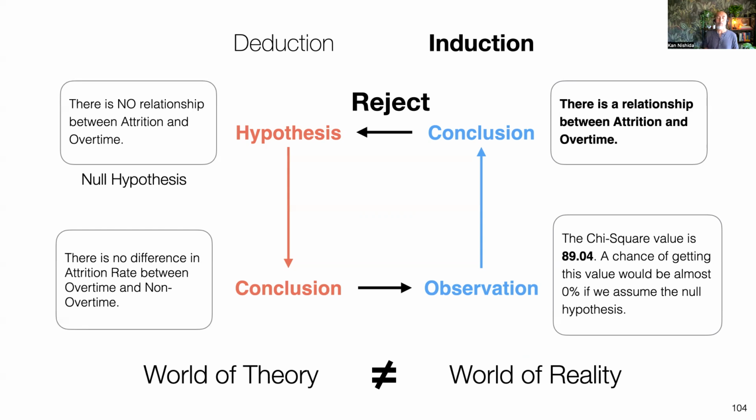And what that really means is, even though when you look at the chart there's a difference, that doesn't mean it's a significant difference. What if the people who work overtime are only 5 people, and the people who don't work overtime are 1,000 people? Can we really compare those two groups and conclude anything? Probably not.